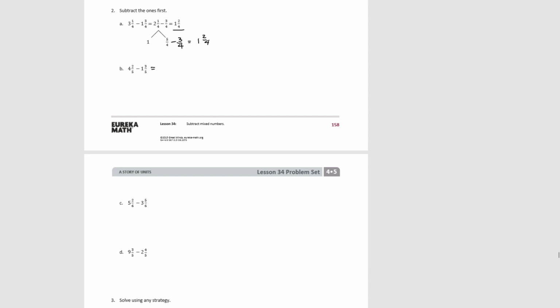When we subtract the 1s, we get 3. We're going to rewrite this as 2 7/5 minus 3/5 equals 2 4/5.